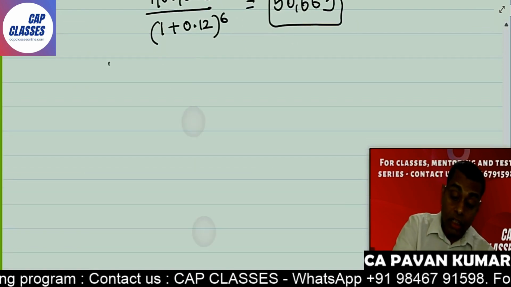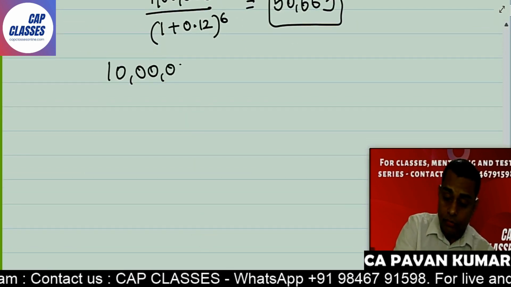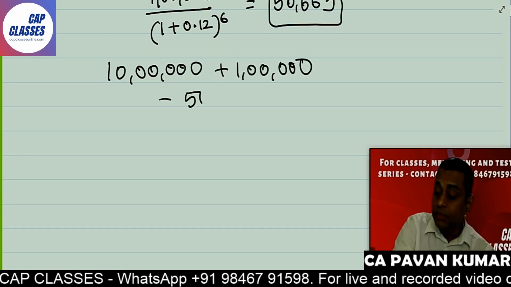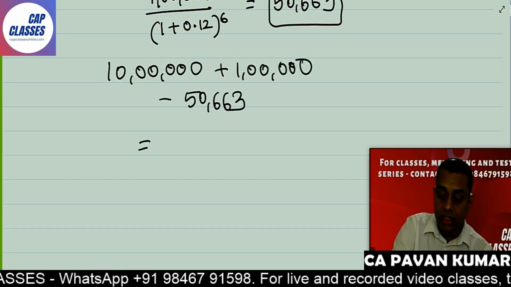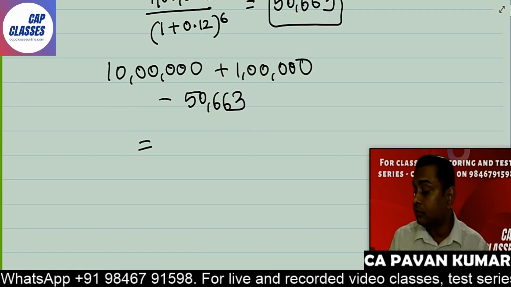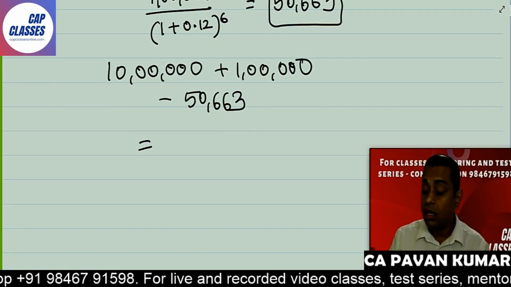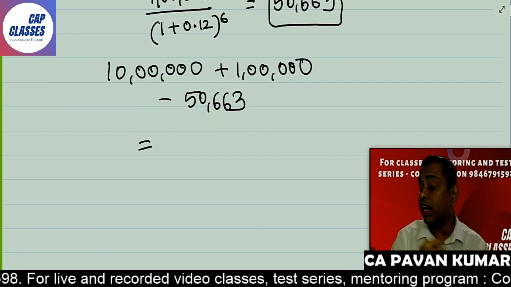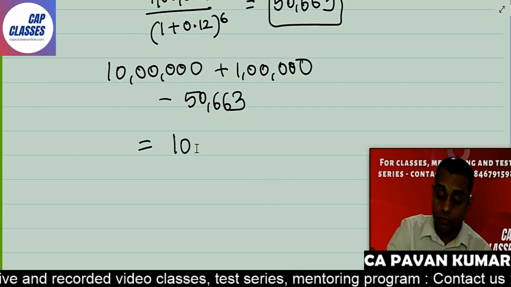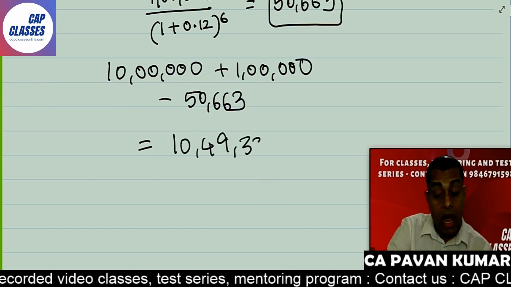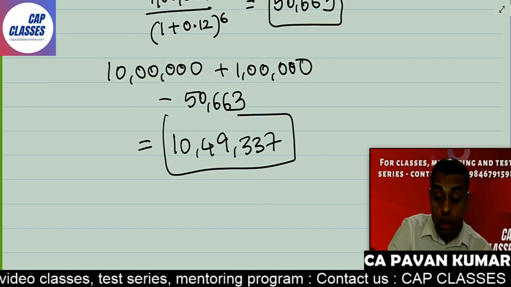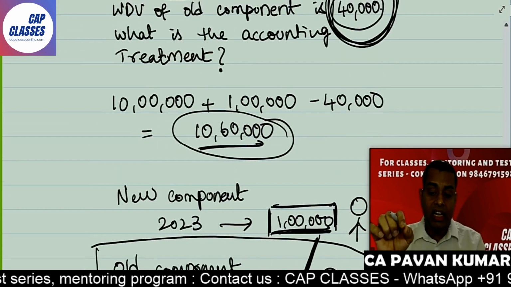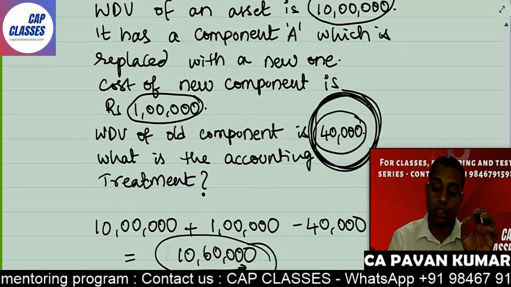Now your answer should be 10 lakhs plus cost of new component 1 lakh minus 50,663. 11 lakhs minus that, 10 lakhs 49,337. ICAI can kill you with this question. See, first in part A, they will tell you this is the question.